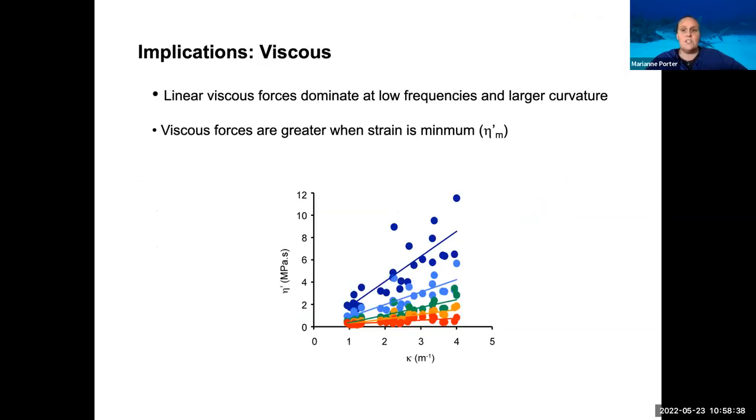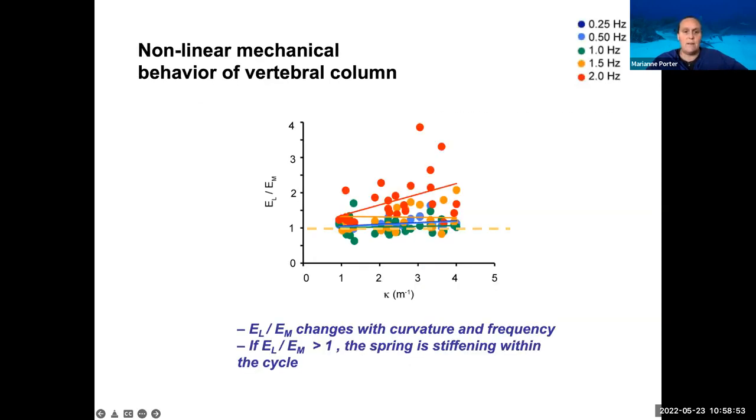And so what we were able to look at in the end was our linear viscous forces are going to dominate the low frequencies and larger curvatures, and the viscous forces are going to be greater when strain is minimum. So again, we were able to learn an awful lot about our system by parsing it into these linear and nonlinear effects.